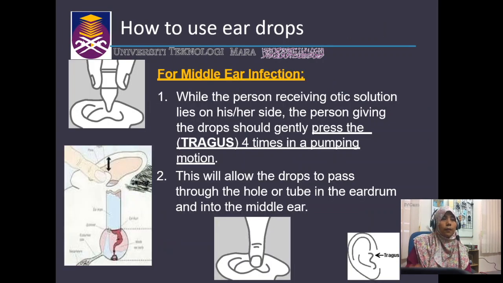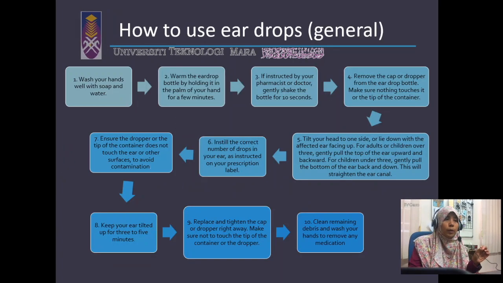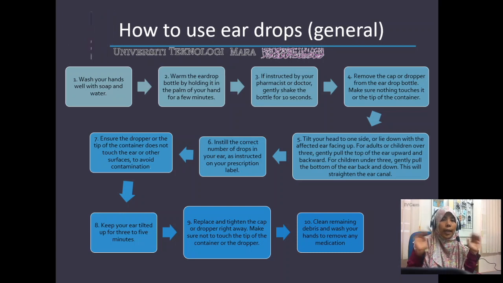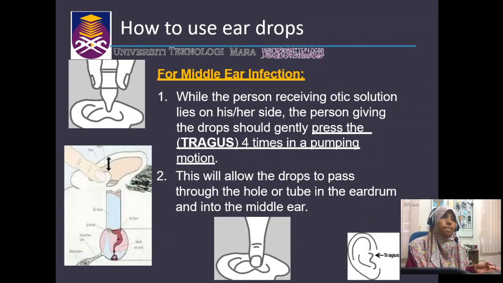Okay, so for middle ear infection, while the person receiving Otic solution, okay, sorry. The one that I gave to all of you, the 10 steps, is for the general one. Meaning that if you get any Otic preparation, you can use these steps to administer the Otic preparation. But this one is specific, for middle ear infection.